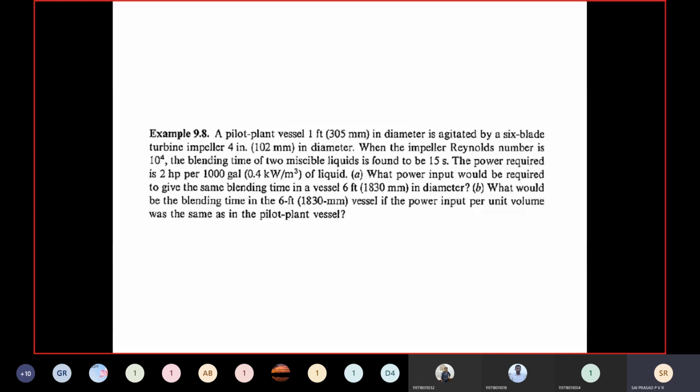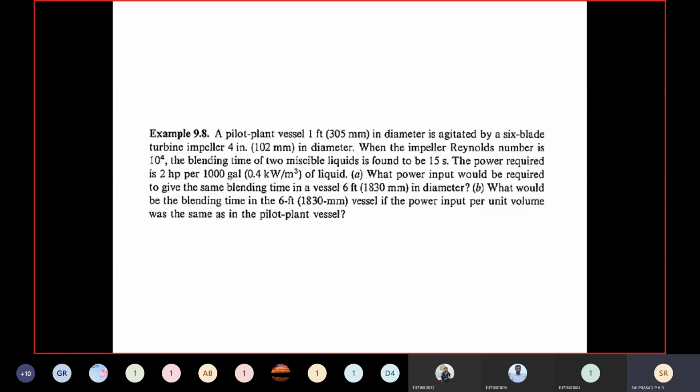It means that whatever power is required per unit volume in the pilot plant vessel, the ratio, because it is power per unit volume, should be the same for the large process vessel. In that case, what should be the time required for blending? These two things he is asking. I hope the question is clear to everybody.